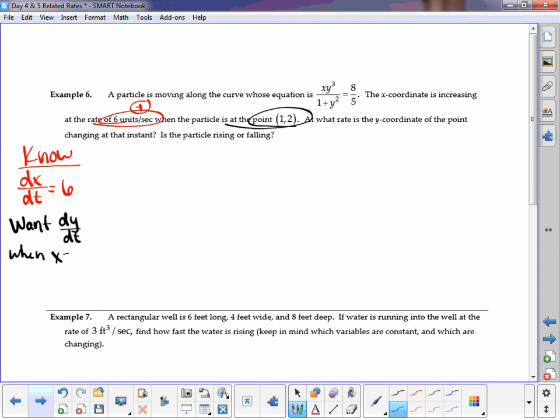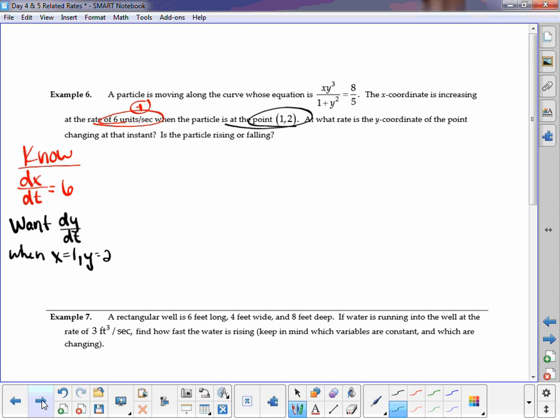Good. When x equals 1, y equals 2. Oh, how nice. They already did the math for us. They could have said when x is 1, and then we would have had to do all the math to find our y value. Questions? Wait, does that point not go with the rate of 6? Since it says the x-coordinate is increasing when the particle is at the point 1, 2?